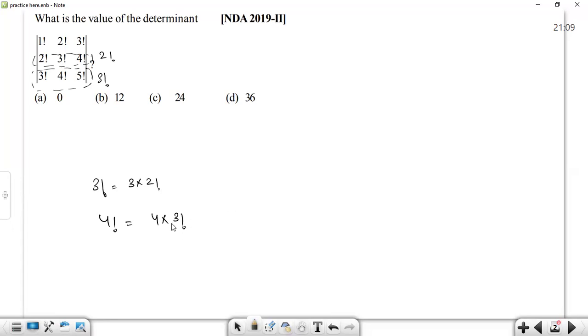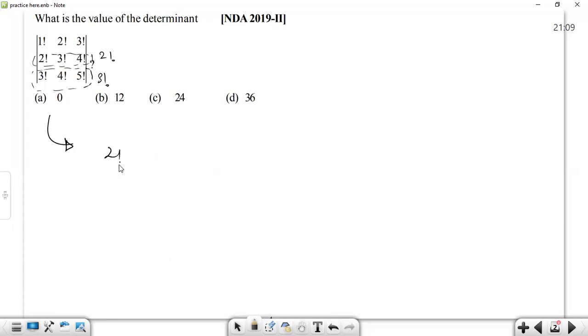Why 3 factorial? Because 4 factorial is 4 into 3 into 2 into 1, and 3 into 2 into 1 is 3 factorial. That's how we are taking common. If that is clear, let's move on to the next step.